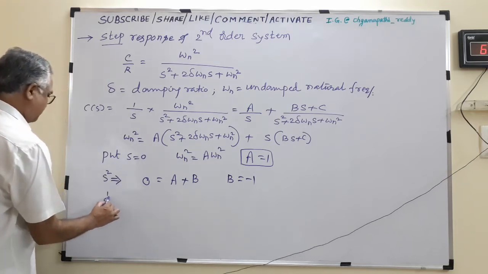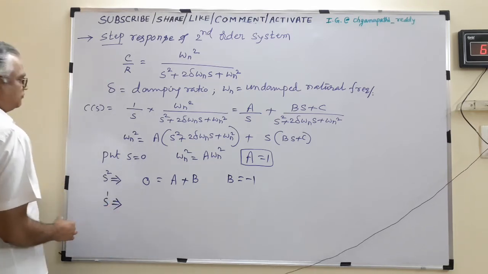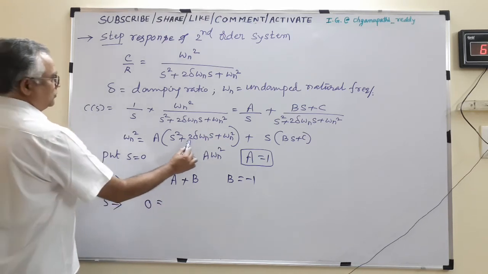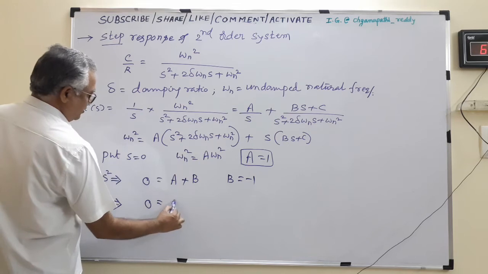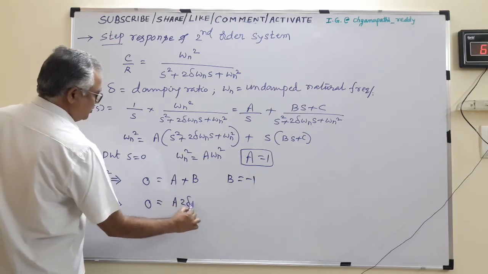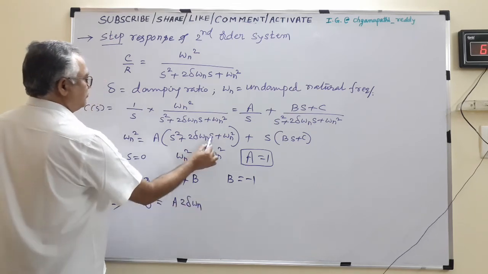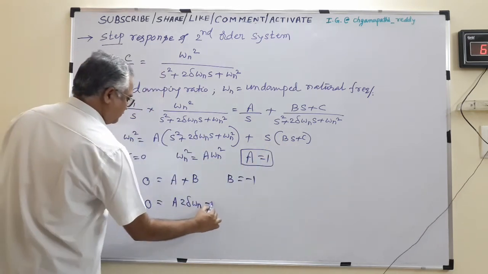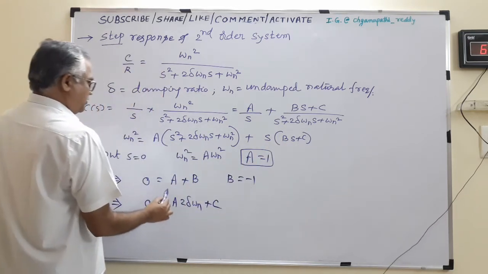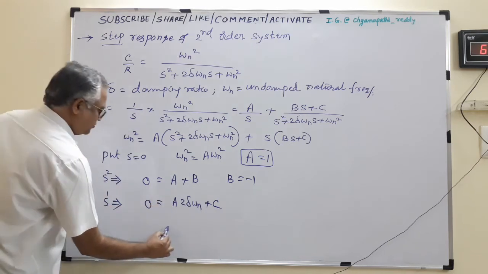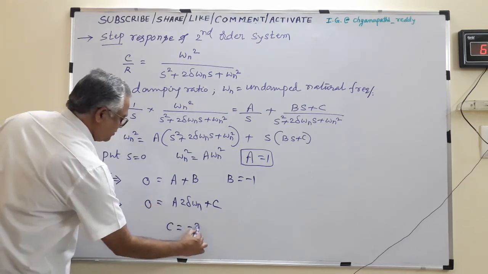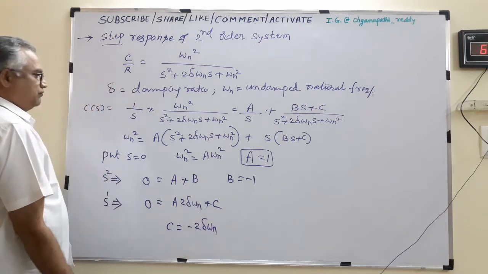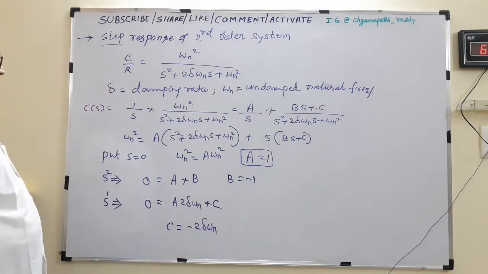Next compare s power 1. Left side is anyway 0. Here 2 delta omega n A is the s coefficient, and here the s coefficient is C. A is anyway 1, so C is equal to what? Minus 2 delta omega n. So we got the A, B, C values.